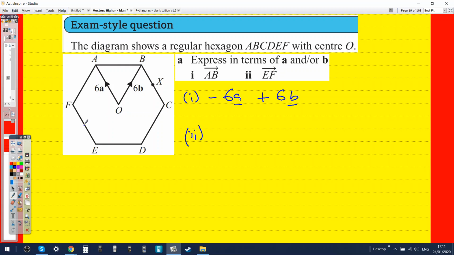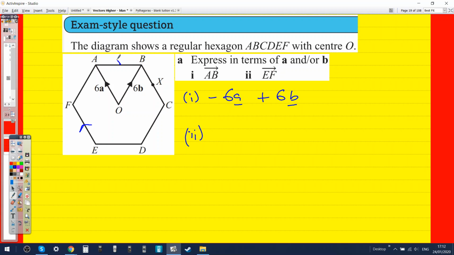Any idea how you get E to F? It's a regular hexagon, so the same, I think. Well, what line is E to F the same length as? A to B. Vectors have two things to them. They have magnitude, which is like length or size. They also have direction.